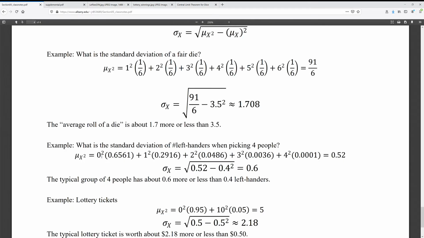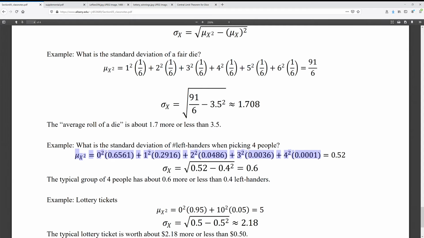Number 1, I will get the mean of x squared. Now the mean of x squared has no real world use. It's just an intermediate step to keep things easy on ourselves. It could be 0 or 1 or 2 or 3 or 4. So x squared can be 0 squared or 1 squared or 2 squared or 3 squared or 4 squared. Square the possibilities.